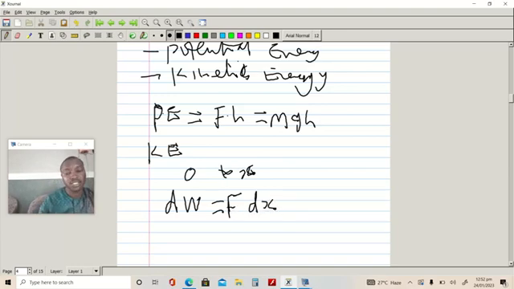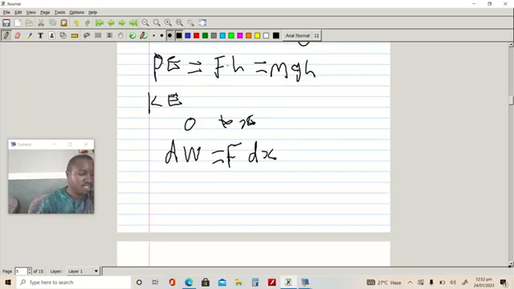The change in work is force dx, so the work is the integral from 0 to x of F dx.